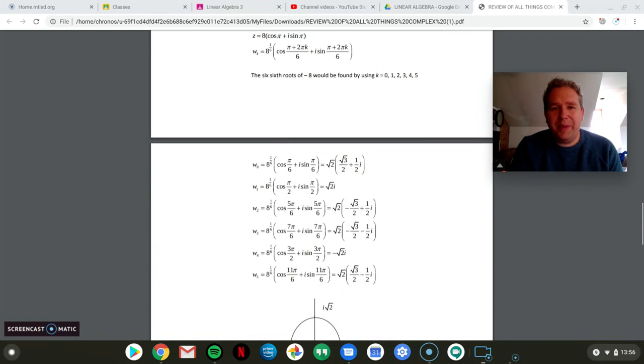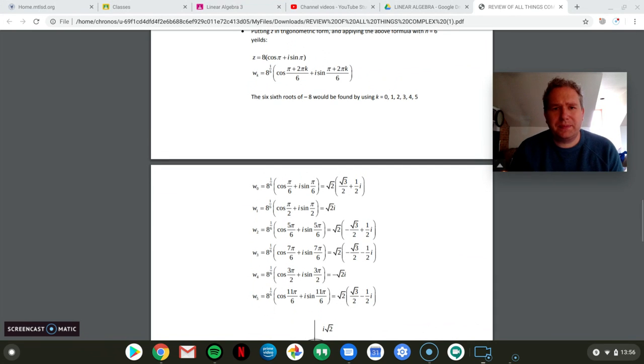And this is working them all out. So 8 to the 1/6 power, if you think about it, is the square root of 4 times the square root of 2, which is 8, and so it simplifies down to just the square root of 2.